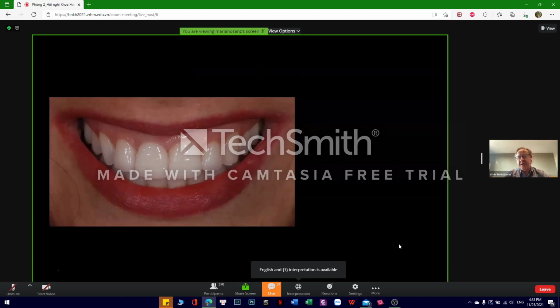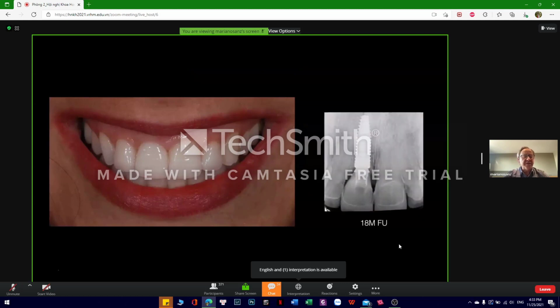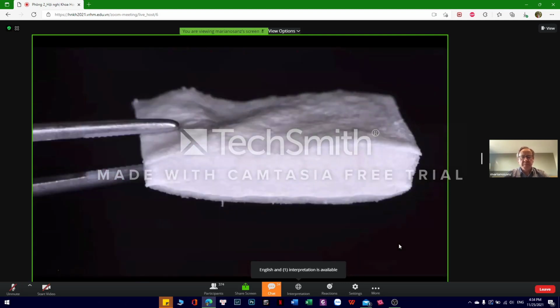In a patient with a high smile line, this is very important to maintain the stability of the outlook, and of course, at the same time, the long-term stability of the peri-implant health.